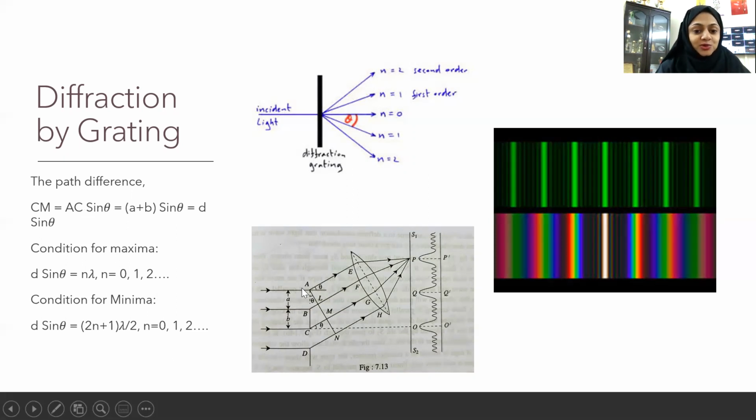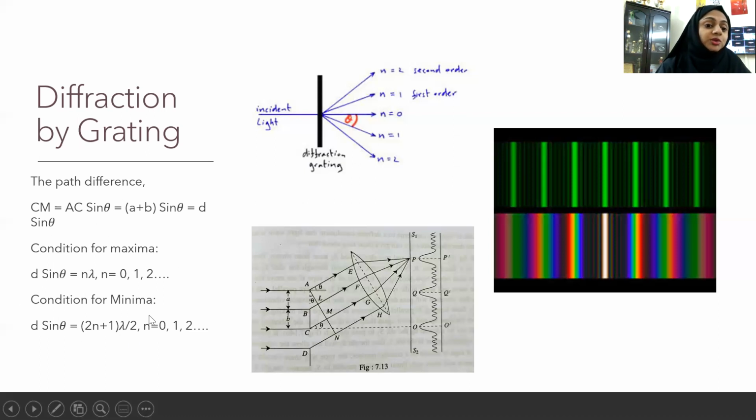AC, you know, is the grating constant, which is a plus b. So (a plus b) sine theta is equal to d sine theta. So the condition for maxima is d sine theta equal to n lambda. And the condition for minima is d sine theta equal to (2n plus 1) lambda by 2.